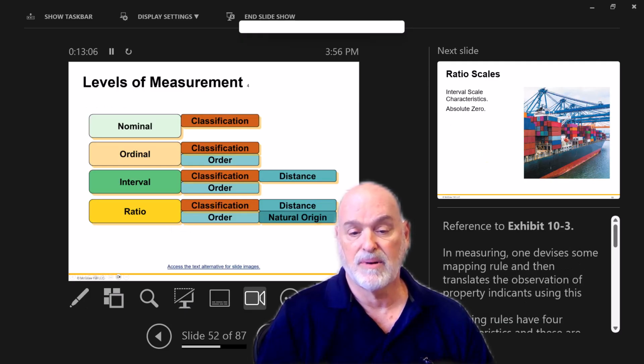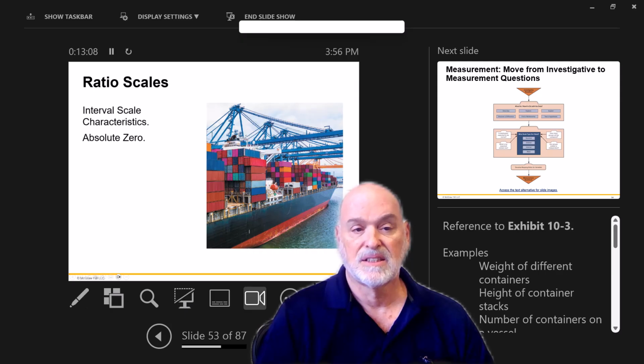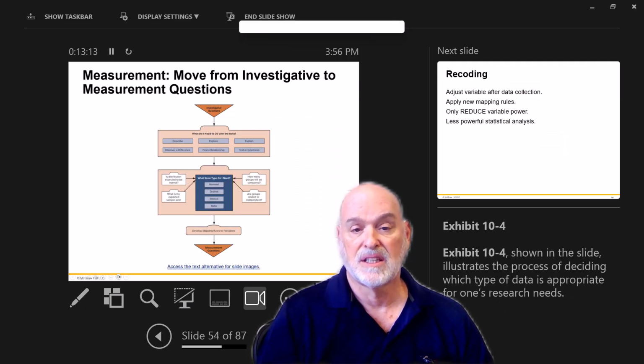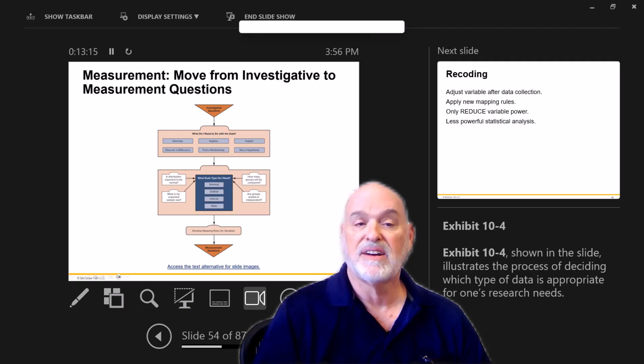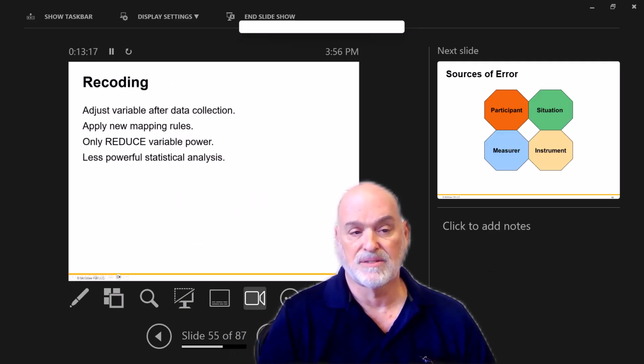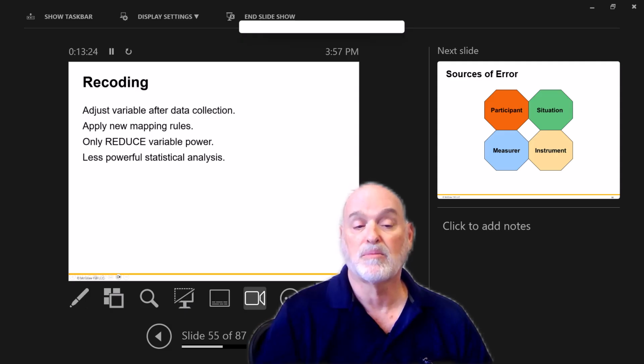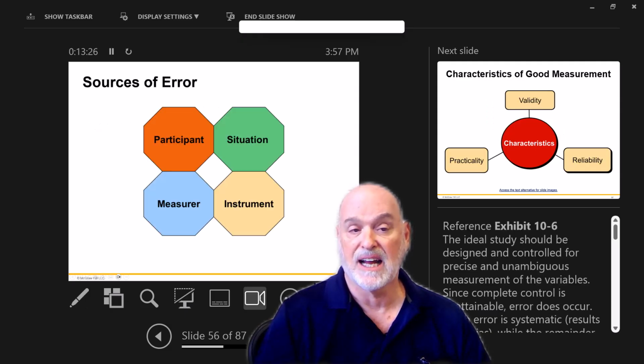Here are the different levels of measurement. Ratio scale characteristics: interval scale characteristics plus absolute 0. And this is moving from investigative to measurement questions. Recoding: adjust variable after data collection, apply new mapping rules, only reduce variable power, and less powerful statistical analysis.